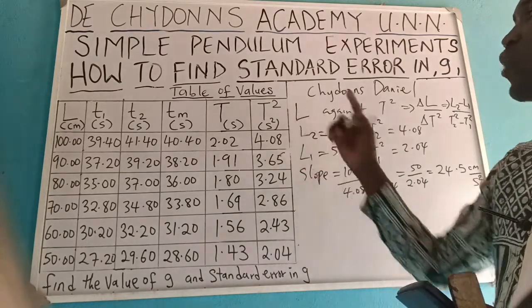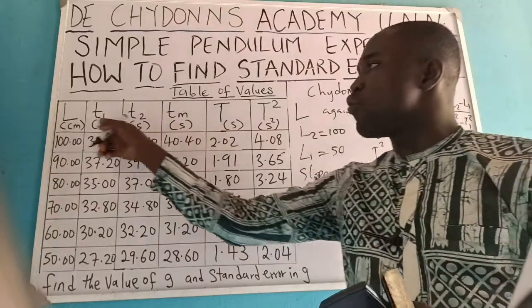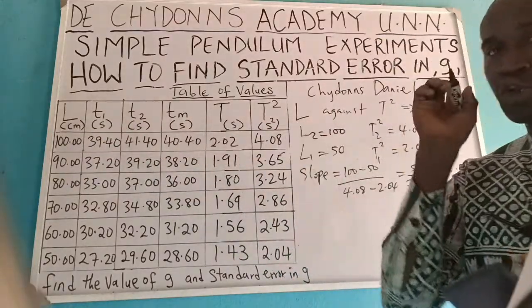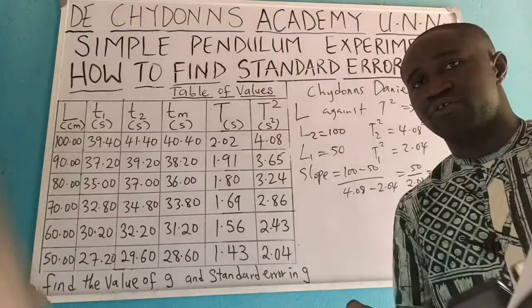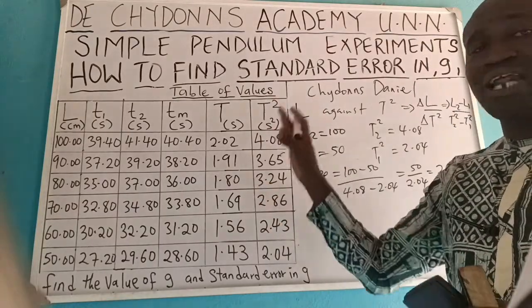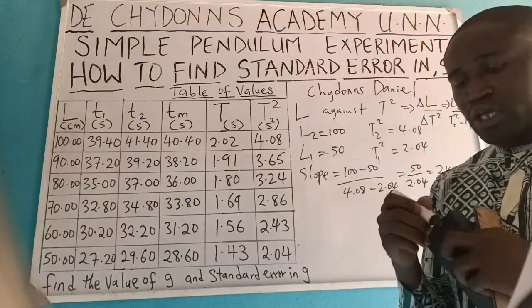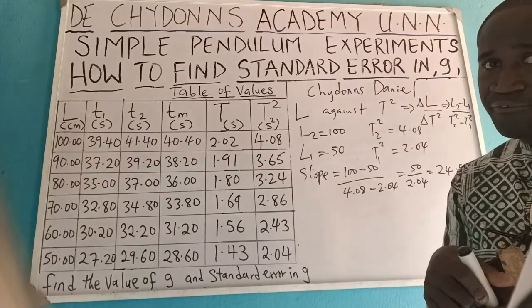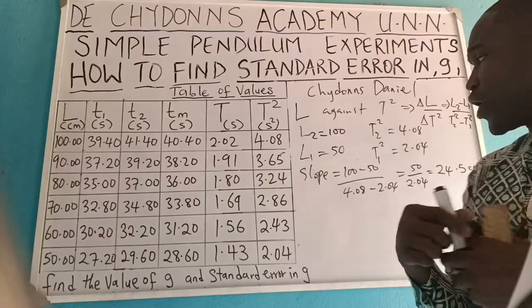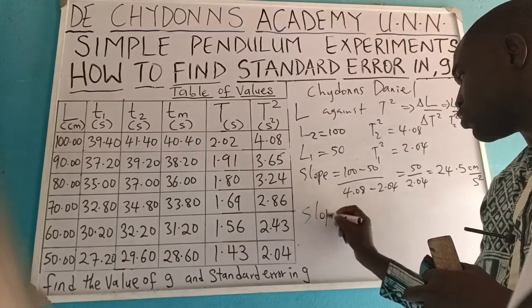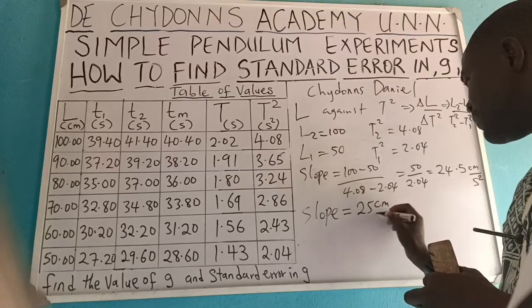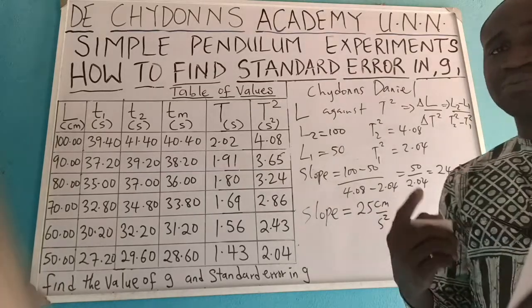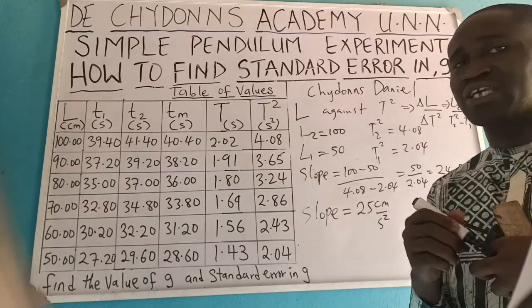Now look at this one. Every one of this table we have its unit noted. But when we plotted the graph in that video, the slope we got from that graph was approximately 25 cm per second squared. That is not just because it is a graph.